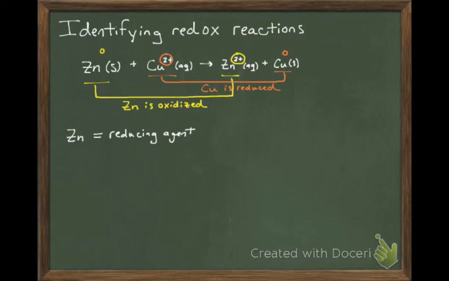This also means that we call copper 2+ in the reactants the oxidizing agent. Now for simple reactions like this, we can actually split up the reducing half and the oxidizing half of the reaction. If we look at the zinc being oxidized and copper being reduced, we can split those apart into what are called half reactions.